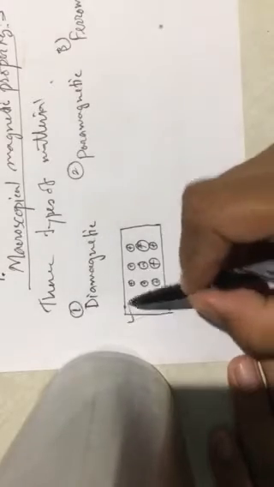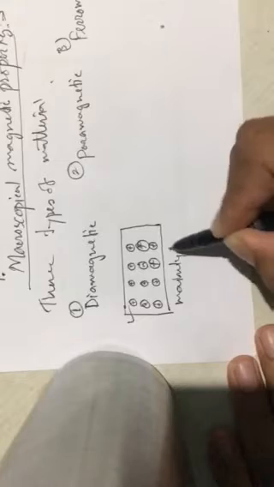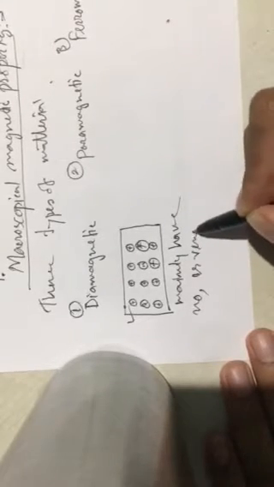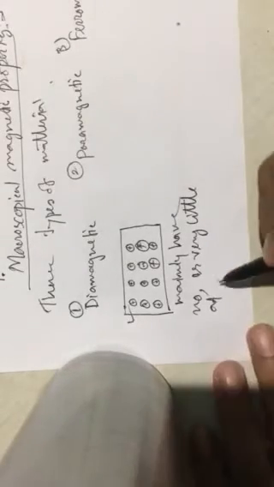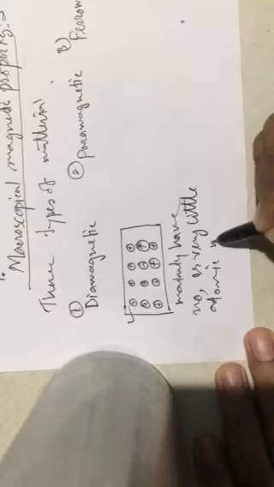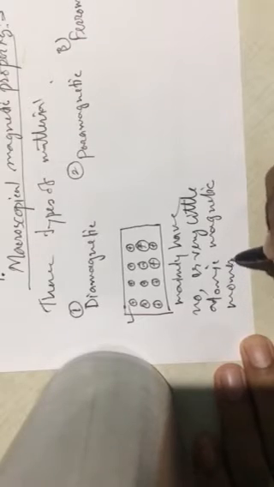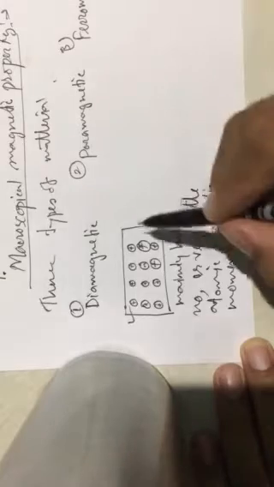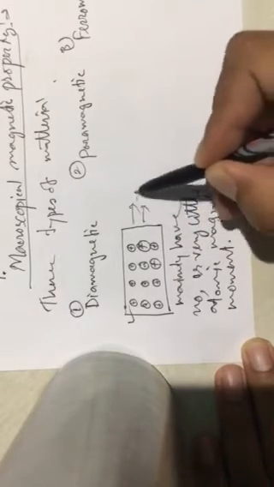These atoms in a diamagnetic material mainly have no or very little atomic magnetic moment. Okay. So because of that they do not have a magnetic field outside.